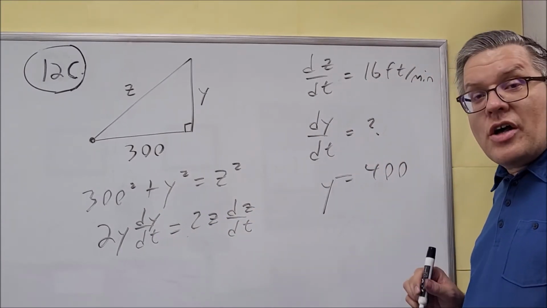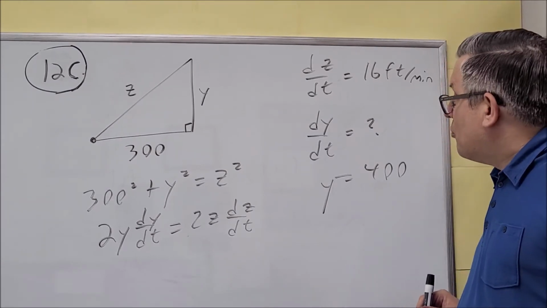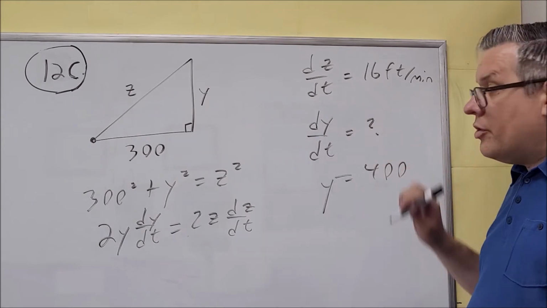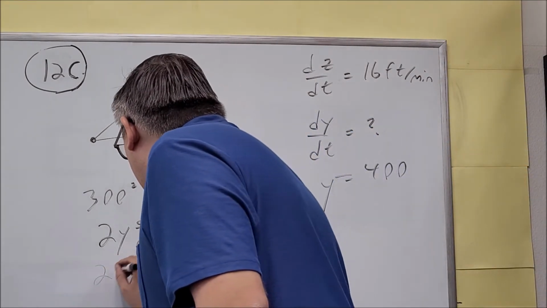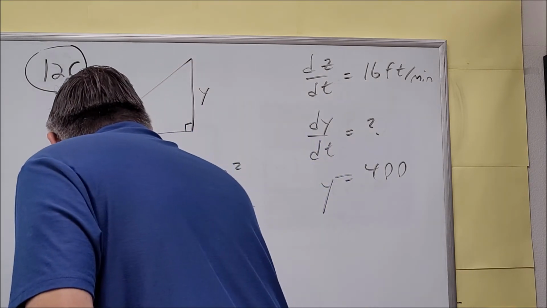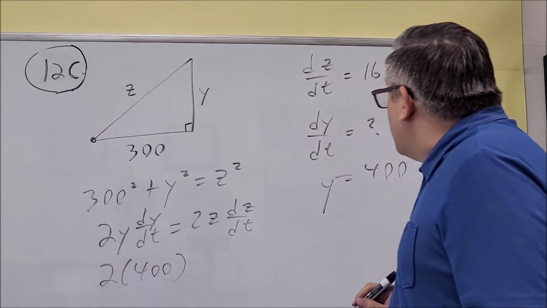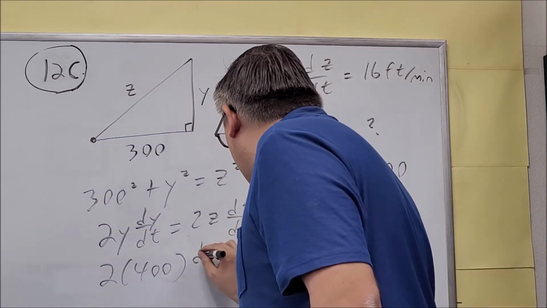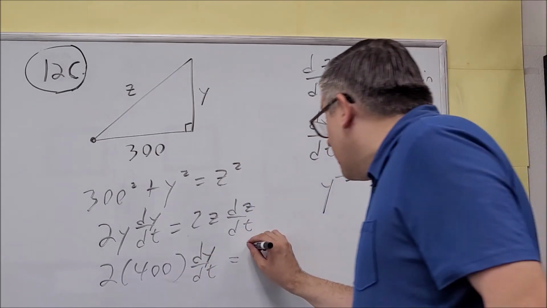Now, if you want to cancel out the 2's from both sides, you can do that to make the numbers smaller. But let's go ahead and put in the numbers for each one so that we have them here. We have 2 times 400, and then dy/dt is the unknown. That's what we're trying to solve for. On the other side there, we have this.